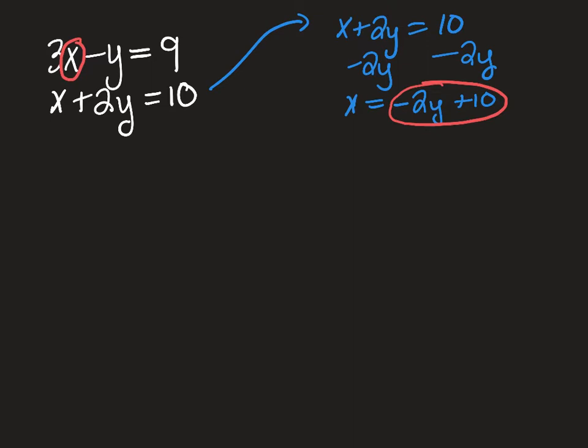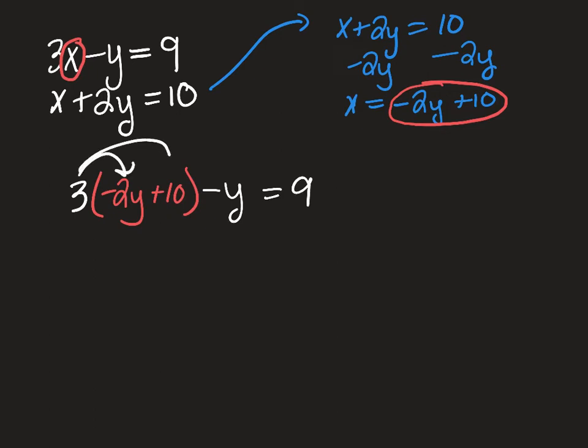So now we're going to have 3 times negative 2y plus 10 minus y is equal to 9. So again, we're going to distribute. So we get negative 6y plus 30 minus y equals 9.